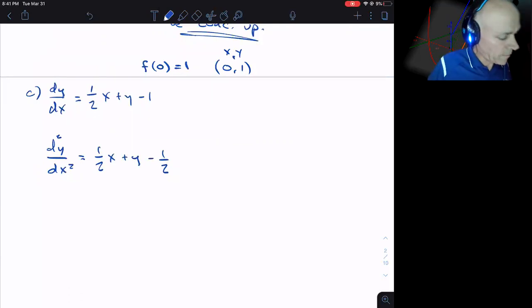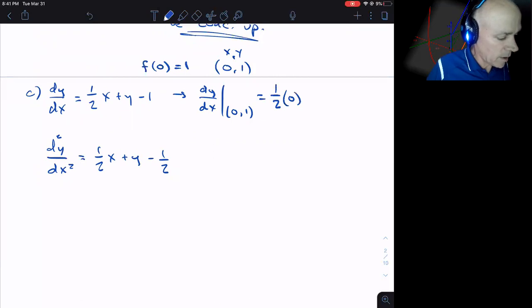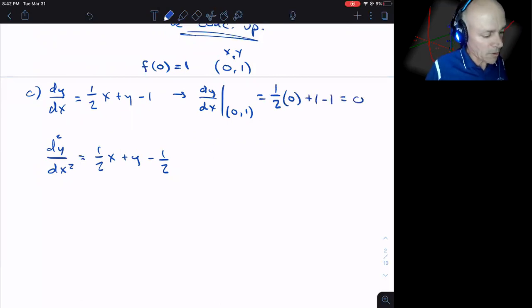Okay, so now I'm really looking for dy dx such that x is 0, y is 1. So the right side of my equation is going to be 1/2 times 0 plus 1 minus 1. Well, that's going to equal 0. That looks good because my first derivative at that particular point is equal to 0.